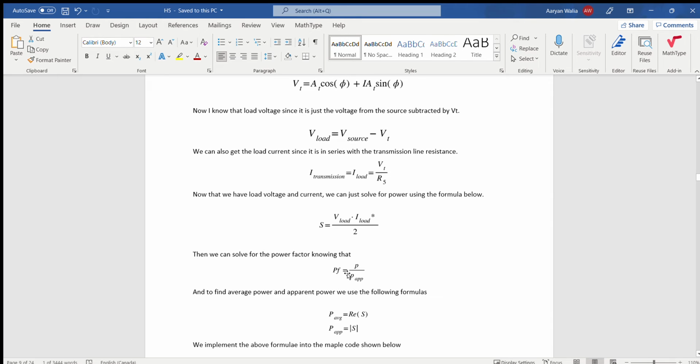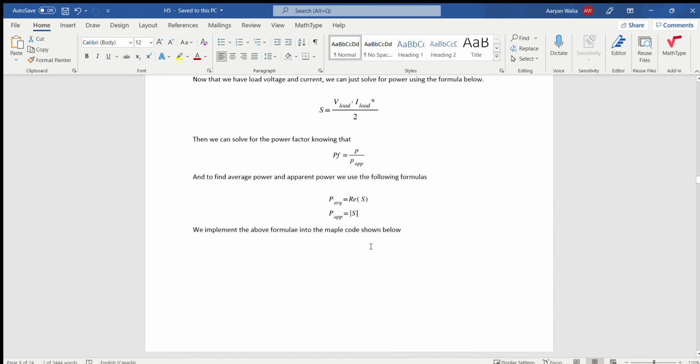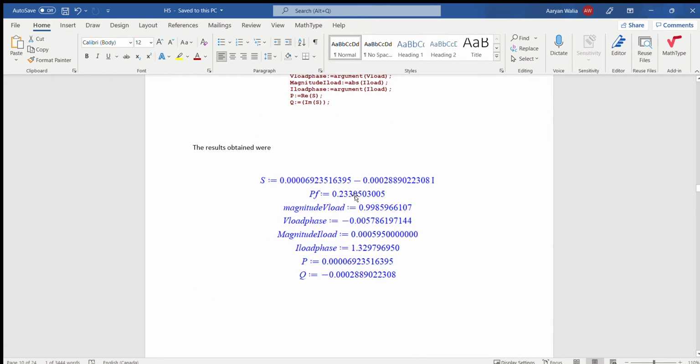So you can see here that our power factor is P average over P apparent. Since we've already solved for the power here, we can just use these definitions to find the power factor. And so we found that the power factor is equal to 0.2, which is similar to what we got analytically. And then our Q is 0.002.